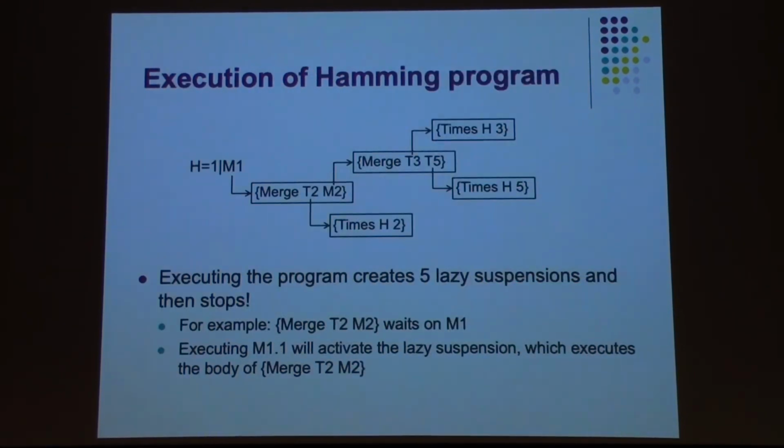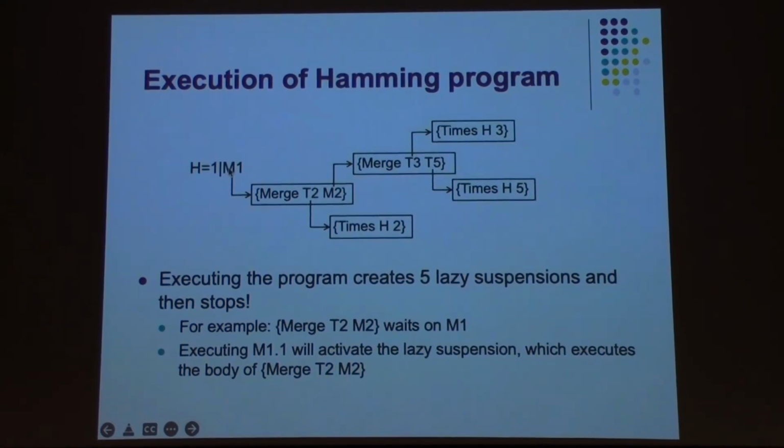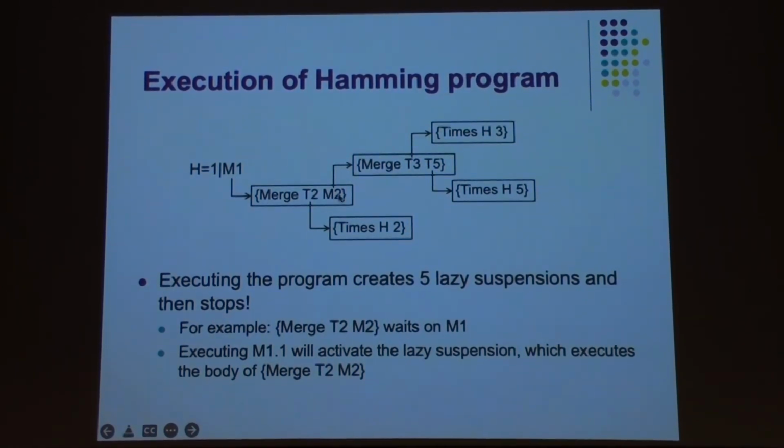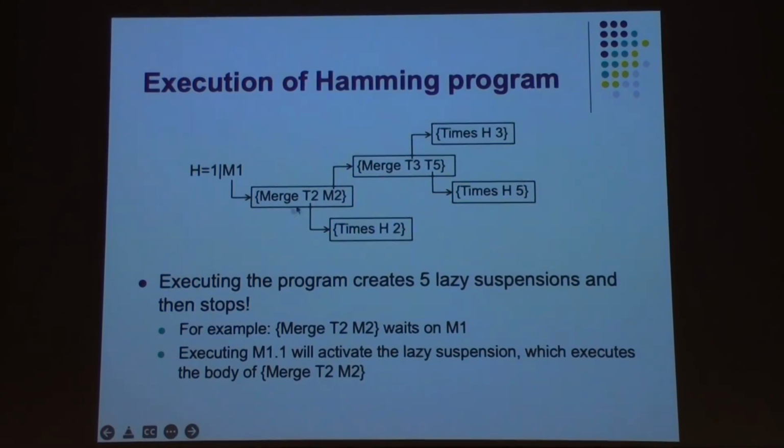And if you run the Hamming program, if you execute the program, you will create 5 lazy suspensions, and then you stop. So in memory, it looks like this. H equal 1 bar, and then you have a variable. So M1, it's an identifier, right? But it corresponds to a variable in memory, and there's a thread waiting on this variable, and inside that thread, there's the merge call.